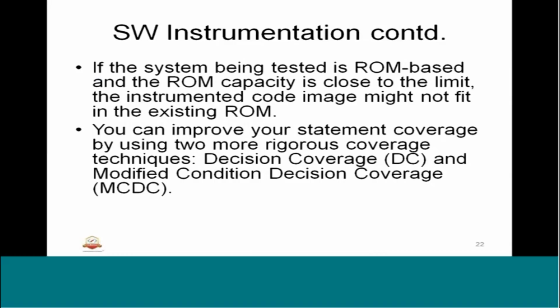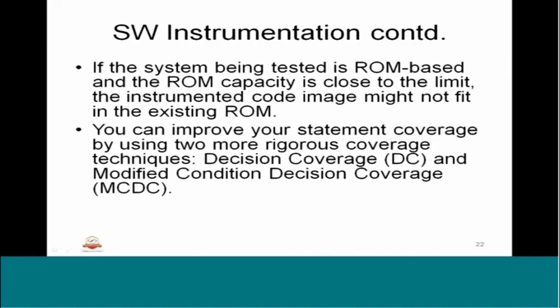If the system being tested is ROM based and the ROM capacity is close to the limit, the instrumented code image might not fit. So this is an interesting thing. I will explain. The embedded software fits into the flash or the memory in the target, right? But sometimes after adding the instrumentation code, the size may exceed it.